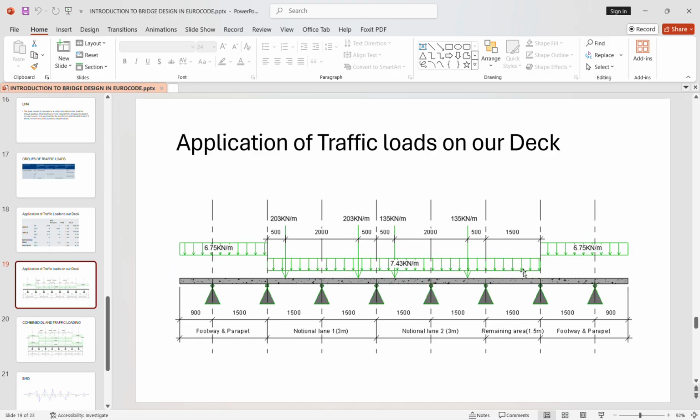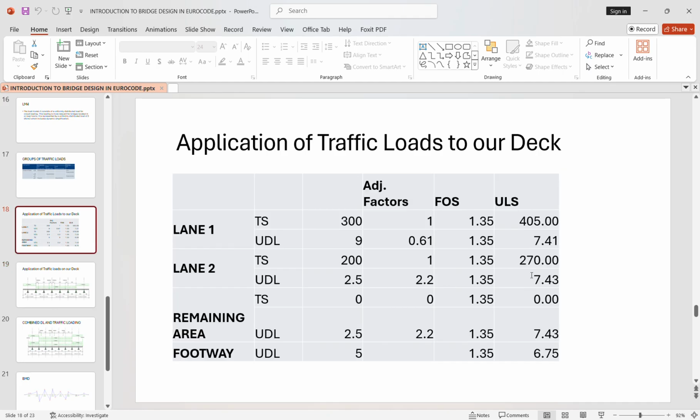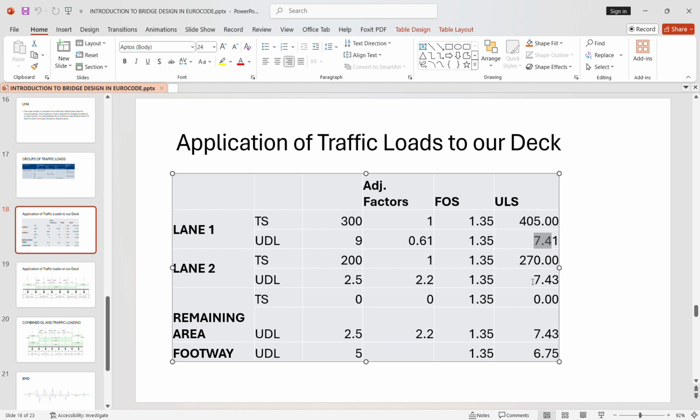Then we come to the traffic loading. This is the UDL, the uniformly distributed load. We had 7.41, 7.43, and 7.43, so I just decided to use 7.43 for it to be uniform.